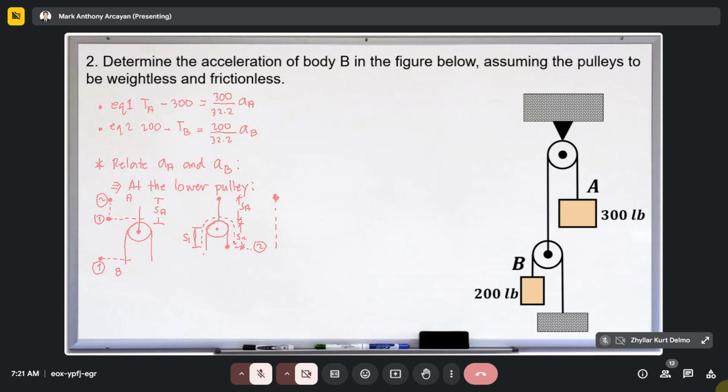Ang nahitabo lang sa side sa B is that kaduha na ya displacement. Unlike sa kaning rope that connects A, it only has one displacement, and that is equal to SA.